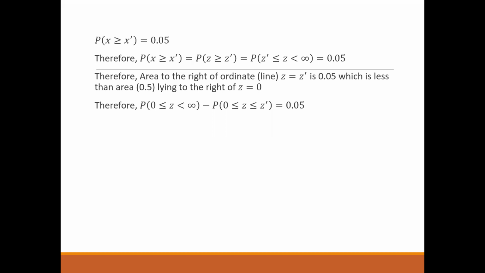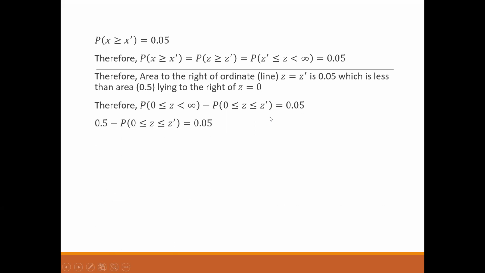If you have not understood, please go through it again. Because it is lying on the right hand side, the whole of the right hand side, it is less than 0.5. And that's why the first part of this whole thing is 0.5. So 0.5 minus P(0 less than or equal to Z less than or equal to Z single quote) will give me 0.05.